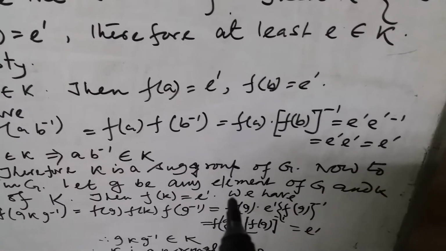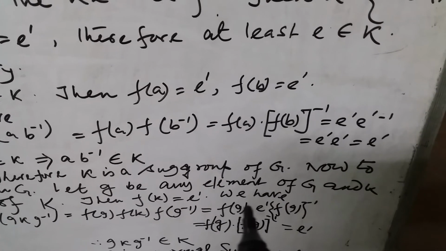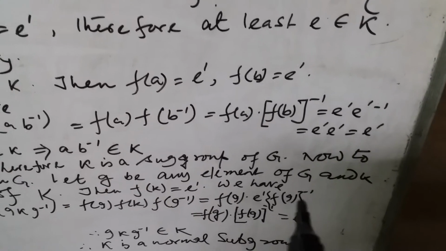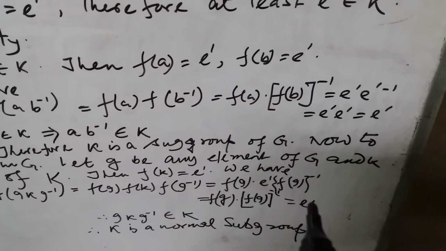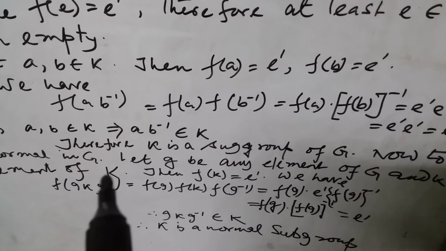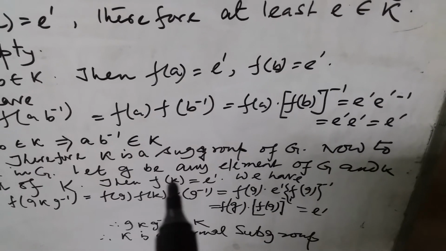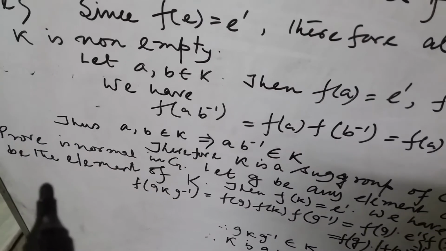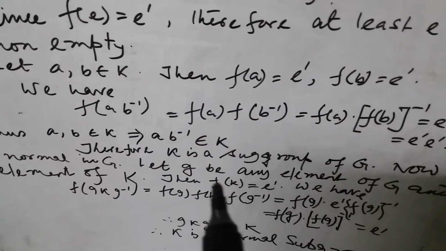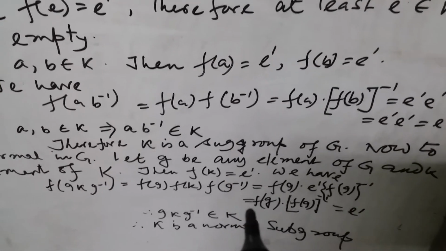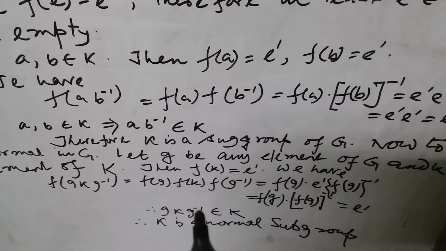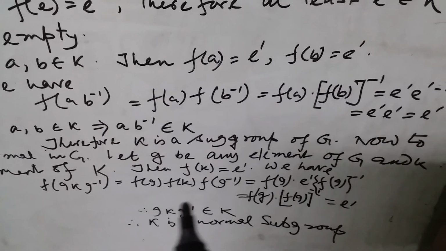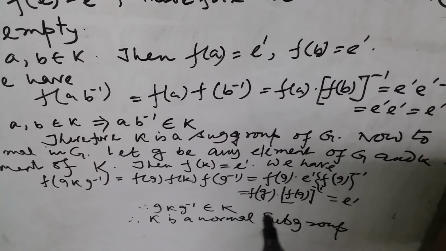Then from the condition, Fg E dash Fg inverse, that is equal to E dash. So if g belongs to G and k is an element of K, then we find that gkg inverse belongs to K. This is the condition of normal. So K is the normal subgroup.